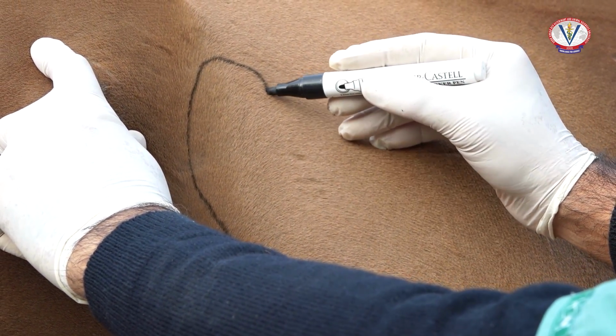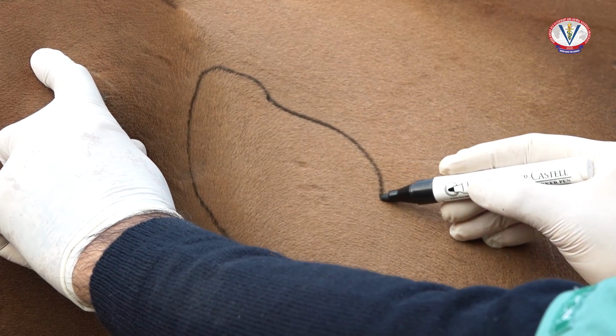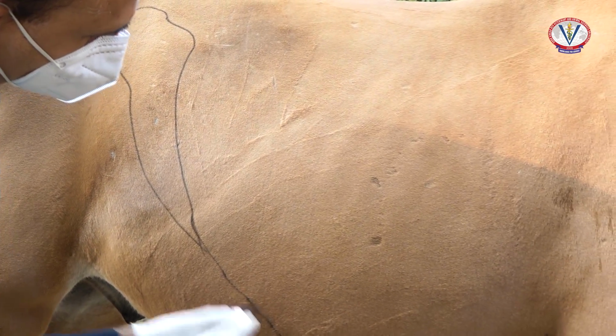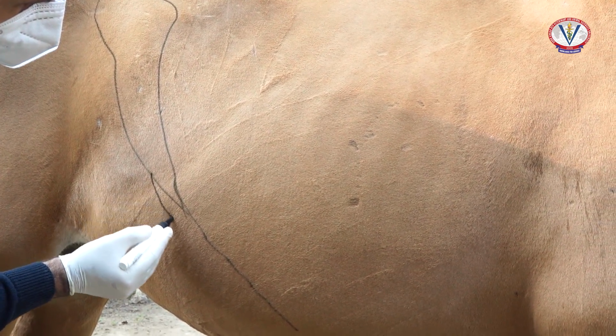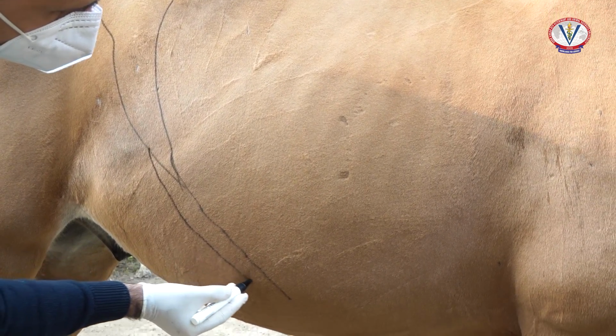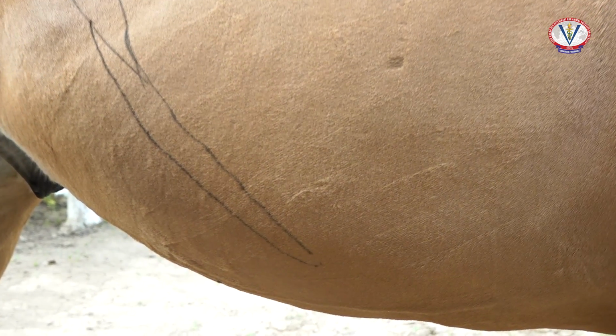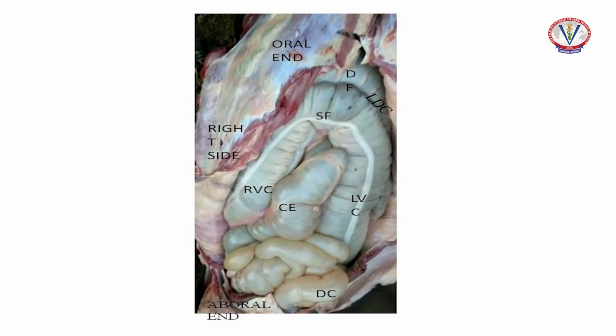Its base begins in the right paralumbar fossa. The body continues cranially along the right wall and floor of the abdominal cavity, and the apex of the cecum is the tapered end which lies on the floor of the abdominal cavity caudal to the xiphoid cartilage.